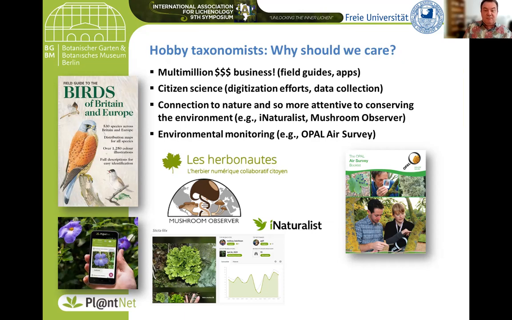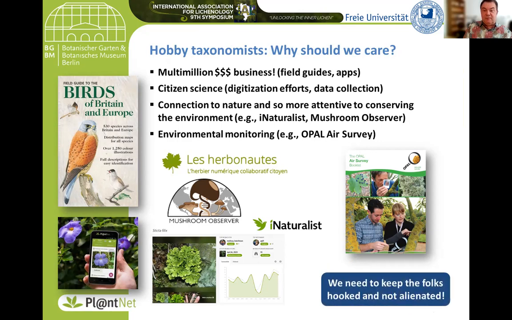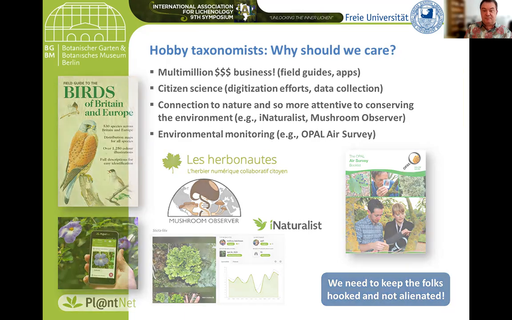And there are a lot of projects with environmental monitoring using citizen science, for example, the well-known OPAL air survey in Great Britain. And so we really need to keep the folks hooked and not alienated by our taxonomy, which means we have to find solutions that work at different levels for different people and different users.